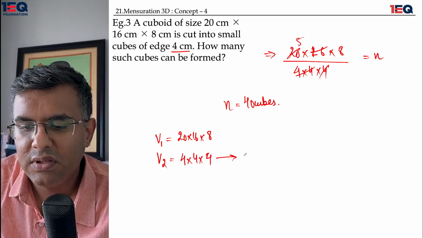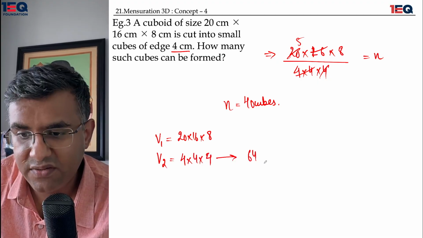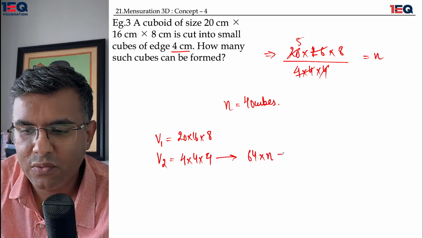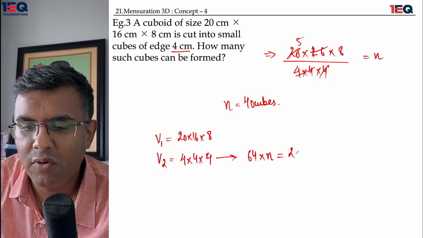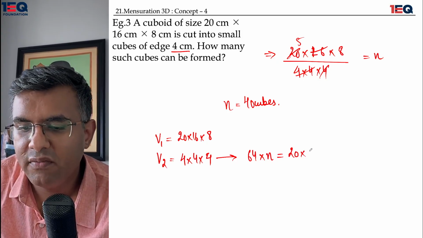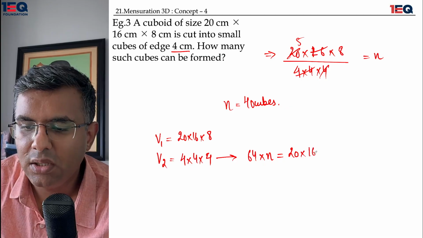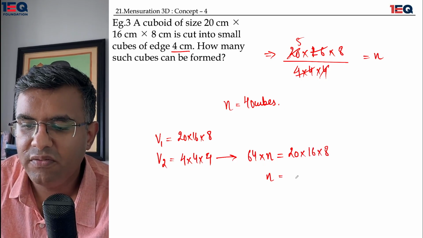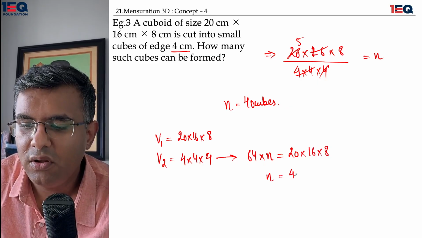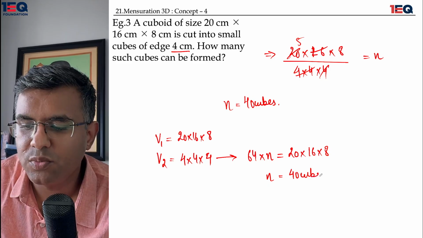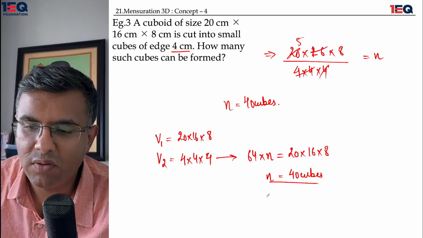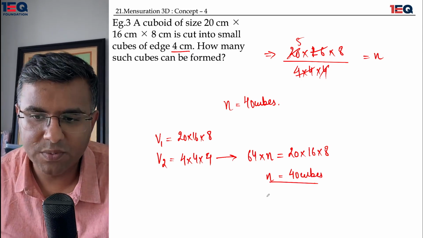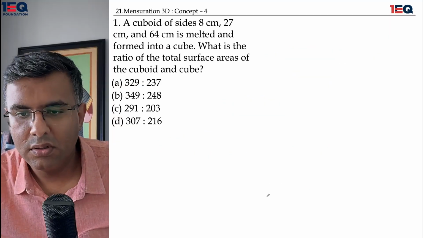If 4 cube is equal to 64, then how many cubes of volume 64 would make up the volume of a cuboid with the dimensions 20 into 16 into 8? So the value of n comes out to be 40 cubes. And this is what we were looking for. Okay, 40 cubes is the answer. Let's move ahead.